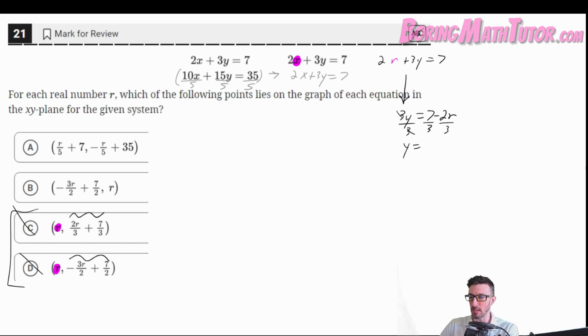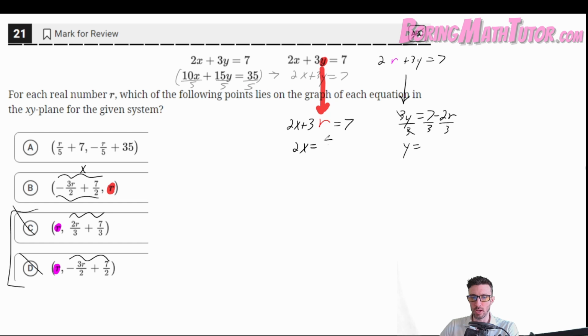But if I go to B, B is telling me that I can replace the y with r. Okay, so let's try that. Let's try instead replacing the y with r. And then we have 2x plus 3r equals 7. And now let's try solving for what the x would be and see if it matches up with this.